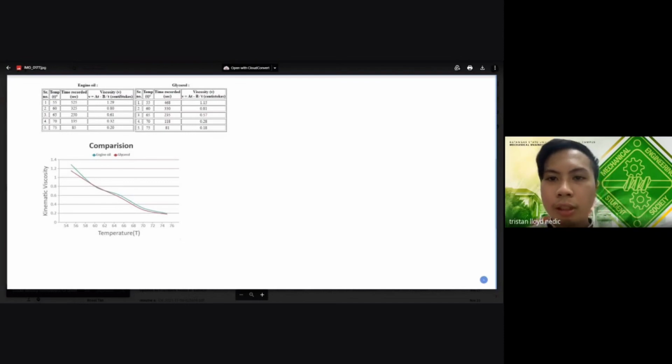It was shown in the graph the comparison of both engine oil and the glycerol. Therefore, we can conclude that the lowest temperature has the highest viscosity and the highest temperature has lower viscosity. That's all. Thank you.